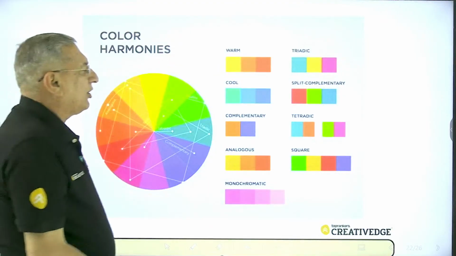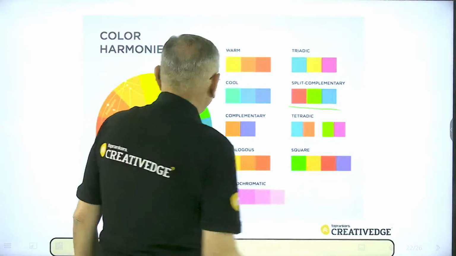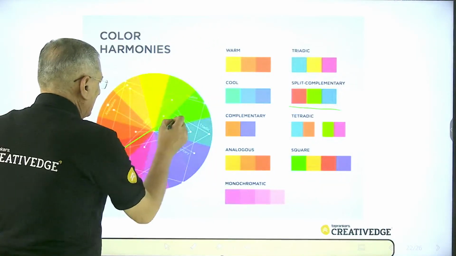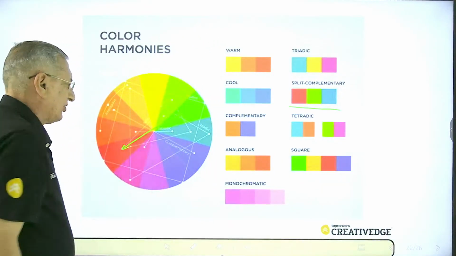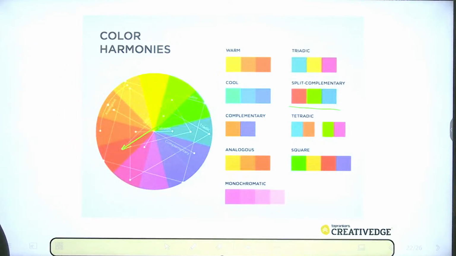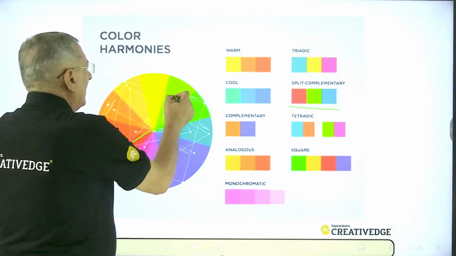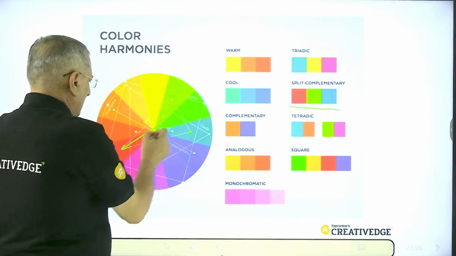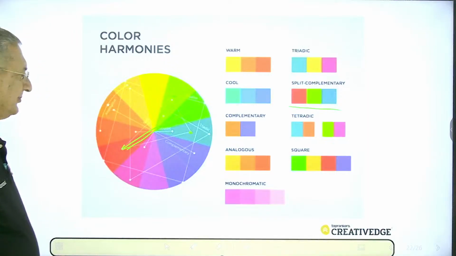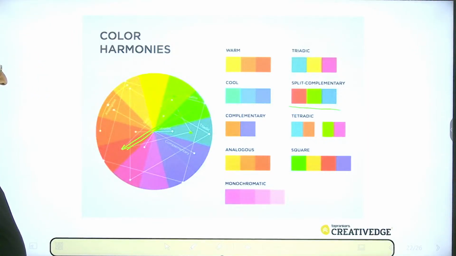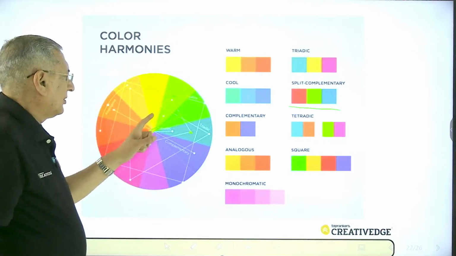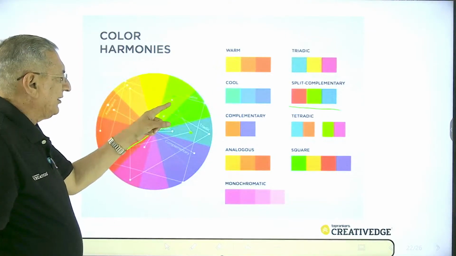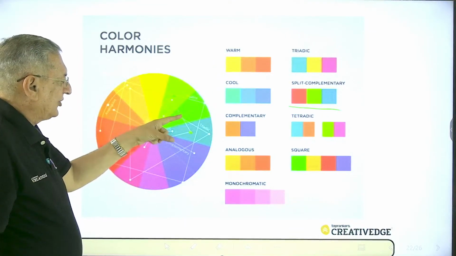What is a split complementary color? You know the complementary color? Opposite color on the color wheel. Split complementary colors are the side by side colors of the complementary color of the given color. This is yellowish green here, and it is greenish blue here.